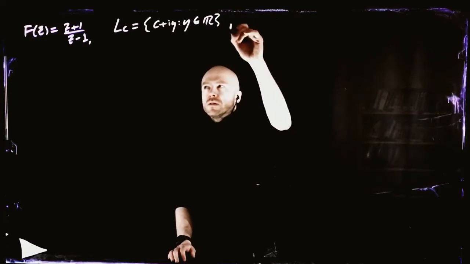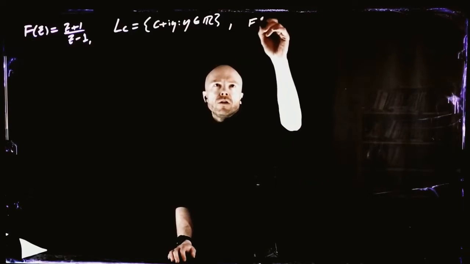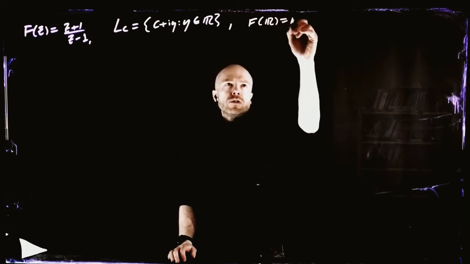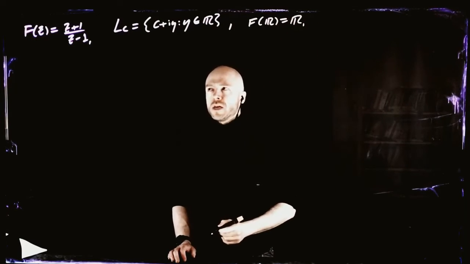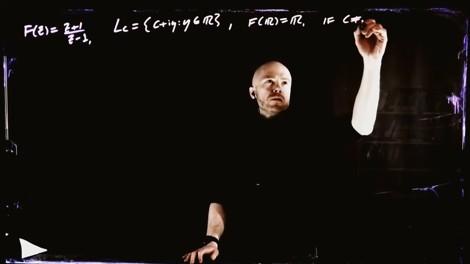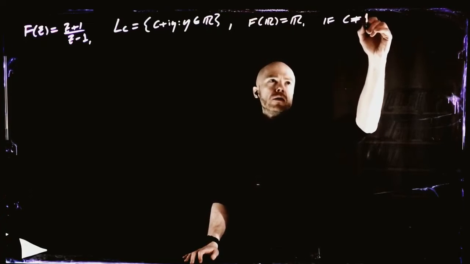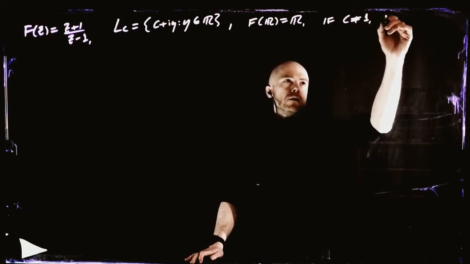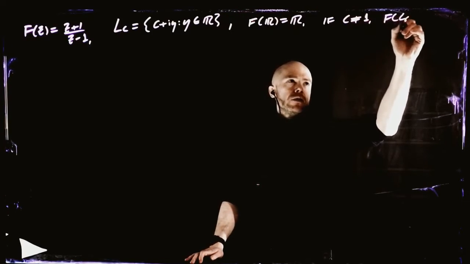And we've seen that f of the real numbers are the real numbers. And so if c is not equal to 1, then L of c is a circle, or f of L of c is a circle.